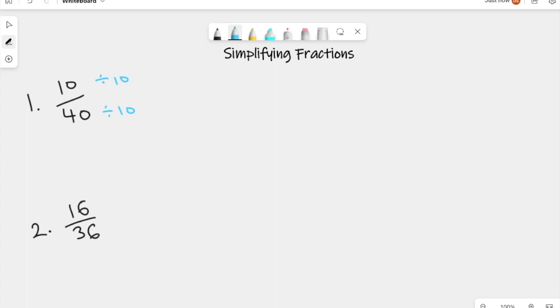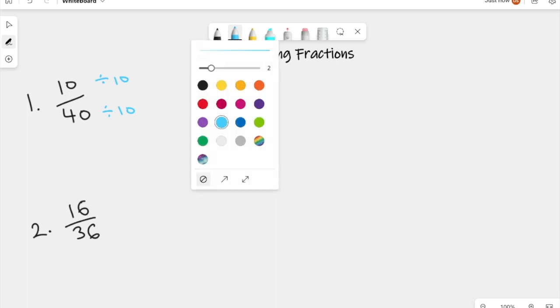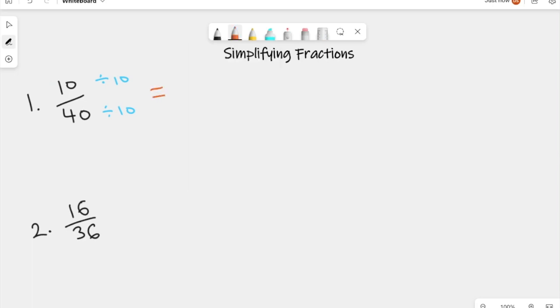So when we divide our top and bottom by 10, we get 10 goes into 10 one time, and 10 goes into 40 four times. Now, this quarter is an equivalent fraction to 10 over 40. It's just a way simpler way of writing it.